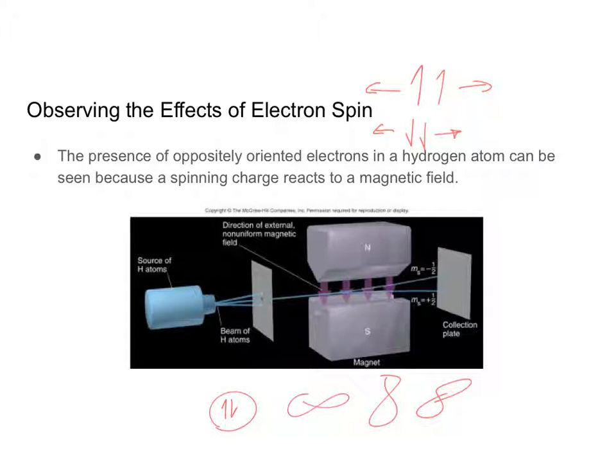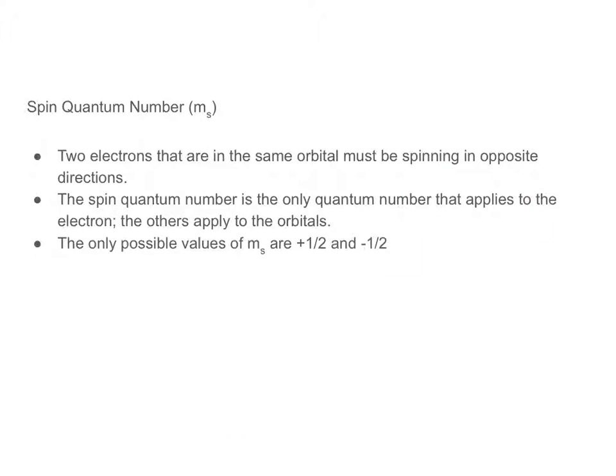So when we say opposite spin, what I'm getting at is that they're still negative, but they are sort of orientating or rotating slightly opposite so they can stand to be next to each other. We call this the spin quantum number, and basically that tells us that if we take two electrons and put them in the same orbital, they have to be spinning in opposite directions.